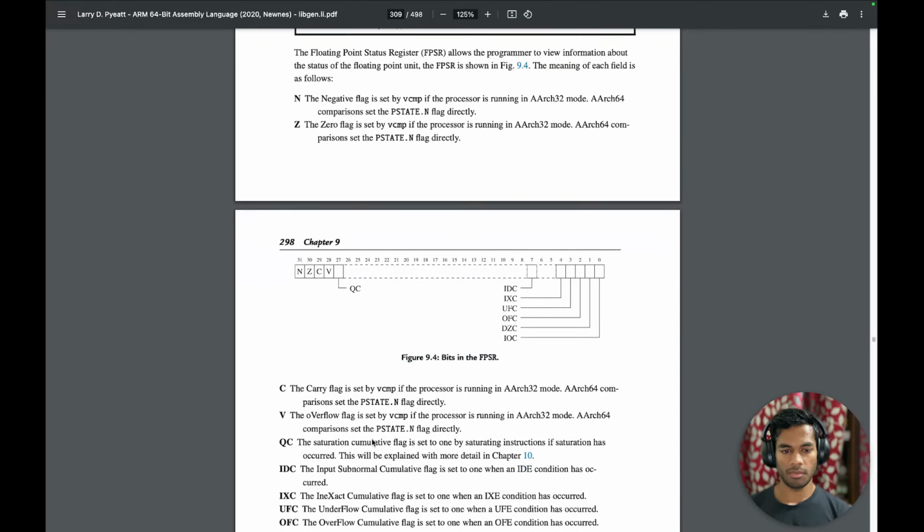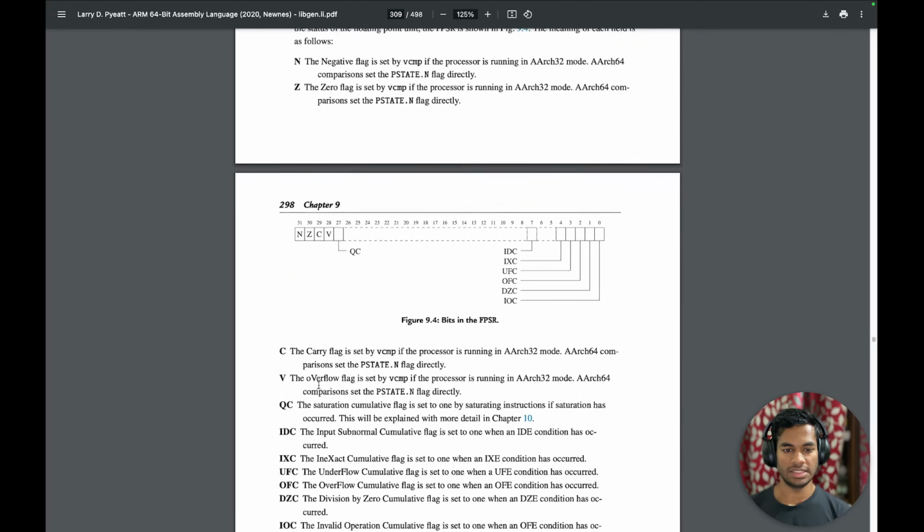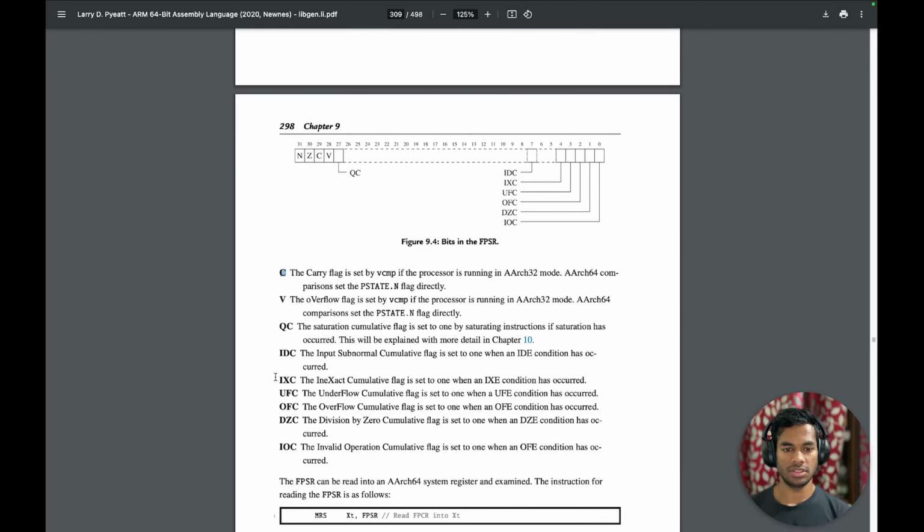Now, figure 9.4, here we have it, and here we have C and V, carry and overflow. The flag is set by VCMP if the processor is running in AArch32, and V is for overflow.